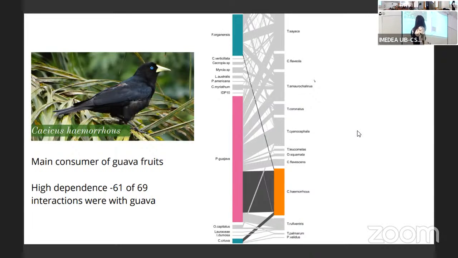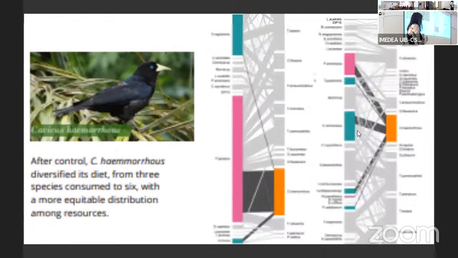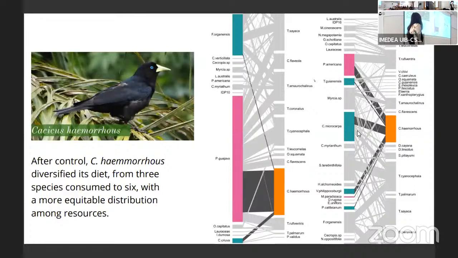This bird performed 69 interactions, and from that 61 were with guava, so it was very dependent. After the control, this species diversified its diet from 3 species, mostly guava, to 6 species with a more equitable distribution among the resources.